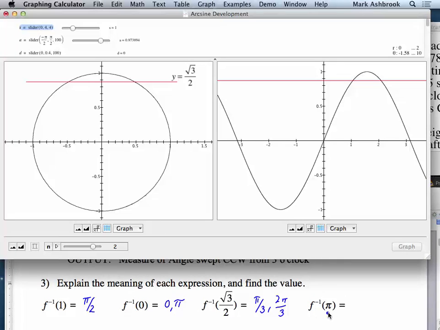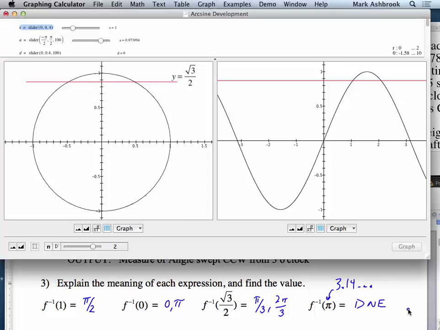So what about pi? Melissa? There is no answer because pi would be how many radius lengths above the horizontal you are, but there is no point where you're 3.14 radius lengths above the horizontal on that circle. Because the maximum you could be is 1.